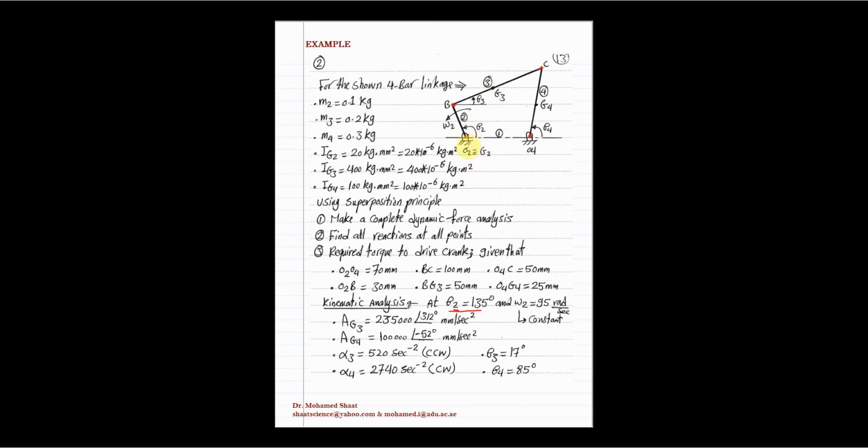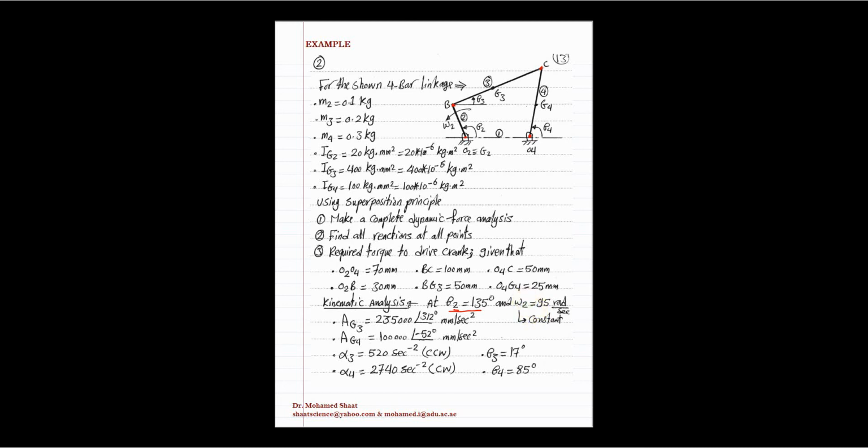G2 is automatically over O2, but G3 is already located such that BG3 is given here as 50 millimeter, and O4G4 is given as 25 millimeter. It means that this distance from O4 to G4 is 25 millimeter. So all this data is given, in addition to theta 2 and the angular velocity of crank number 2, and also the acceleration of the link.